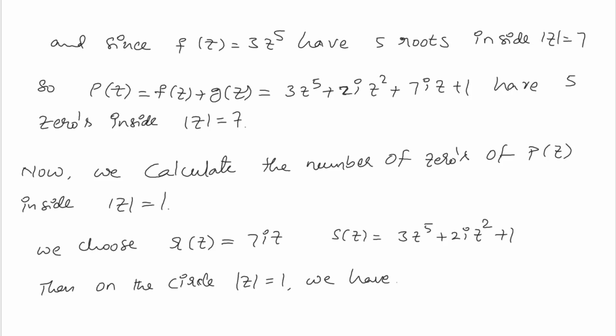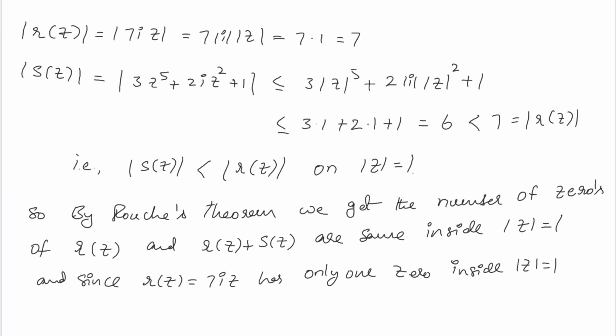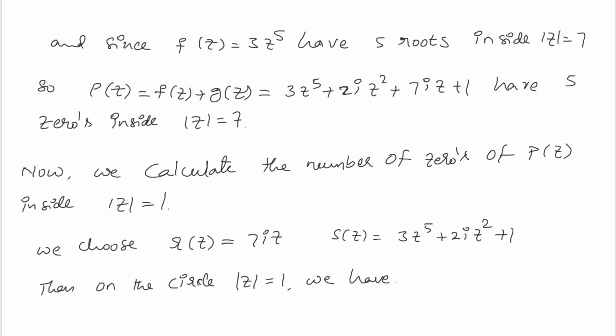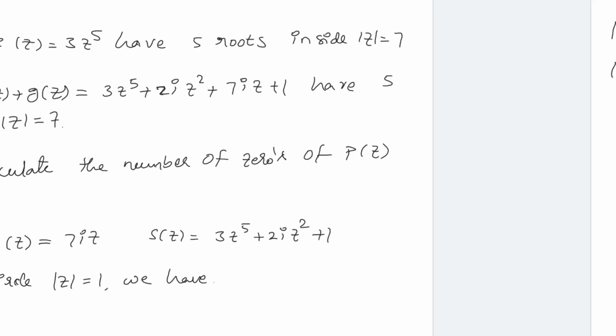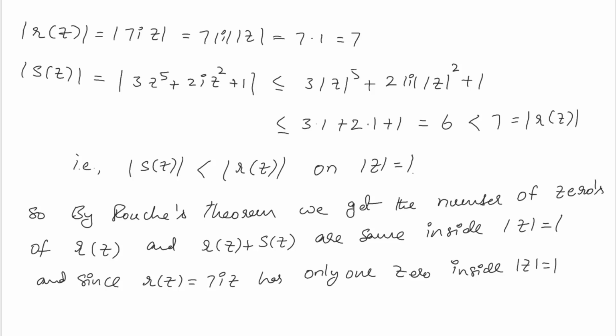That is, instead of 7iz, one can choose 2iz squared and check whether s of z is greater than r of z, or take 3z to the power of 5 and check whether we get s of z less than r of z. By that trial and error method, we can see that only in the case where r of z has this function and s of z has this function do we get s of z less than r of z on this circle mod z equal to 1.